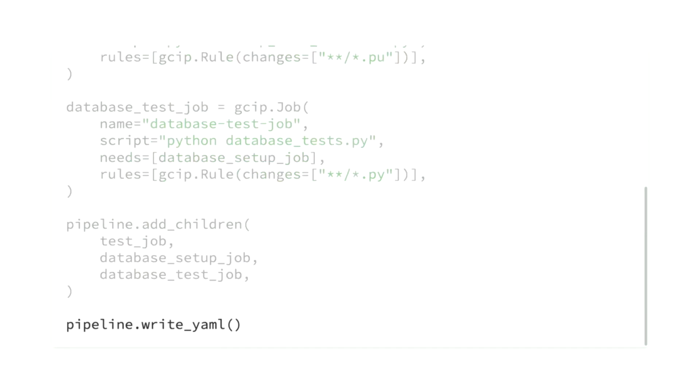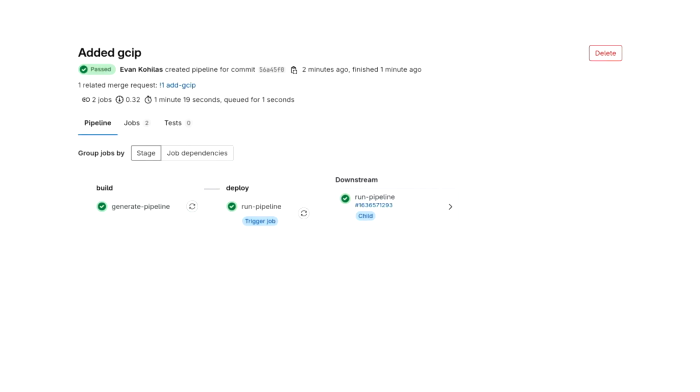And then finally, writing that pipeline out to YAML. And sure enough, we can have this pipeline execute in our repo and have all the expected downstream jobs run successfully.